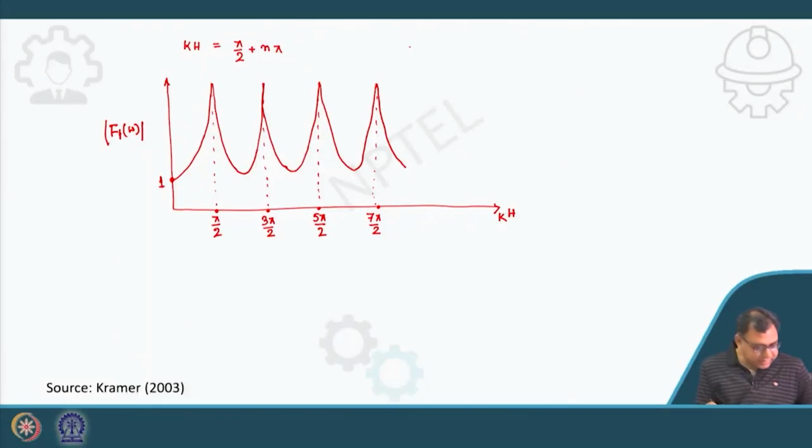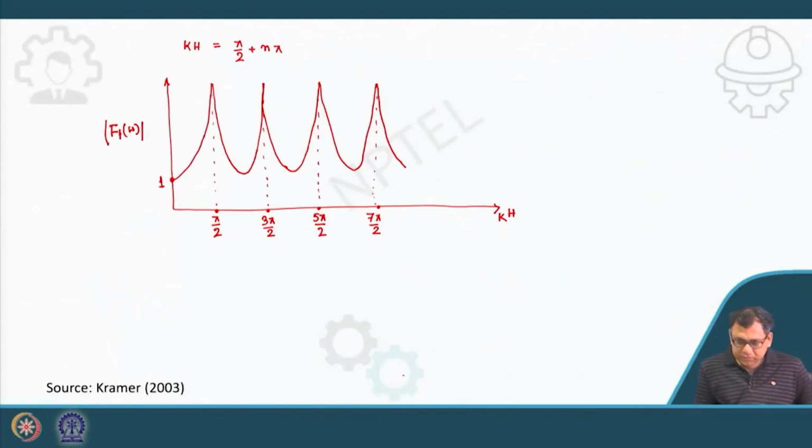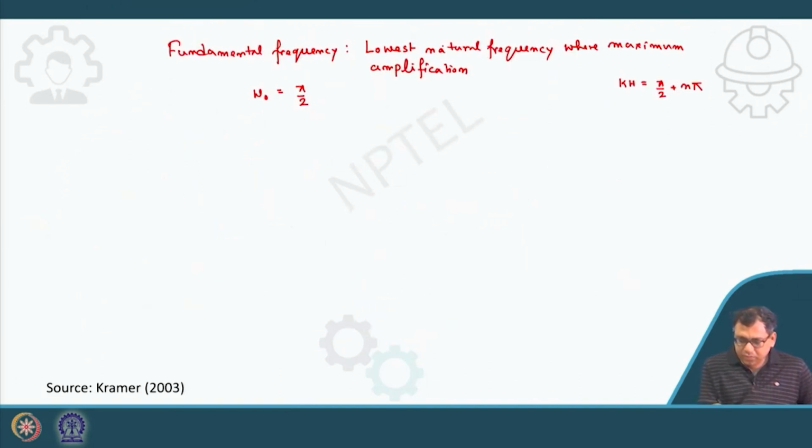Similarly, kh I can convert to omega h by Vs, and then this omega h by Vs I can also write as pi by 2 plus n pi, because kh is replaced by omega h by Vs.